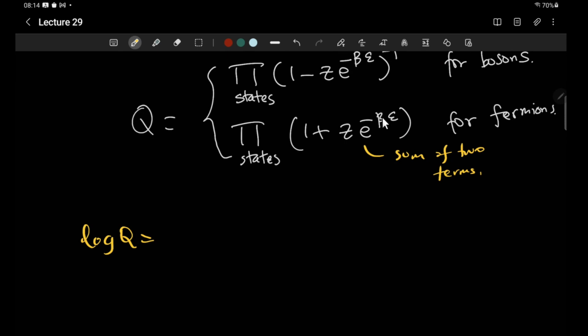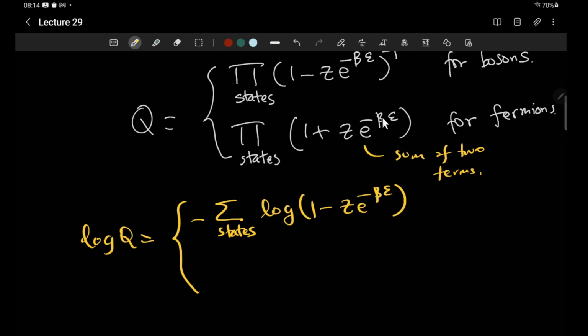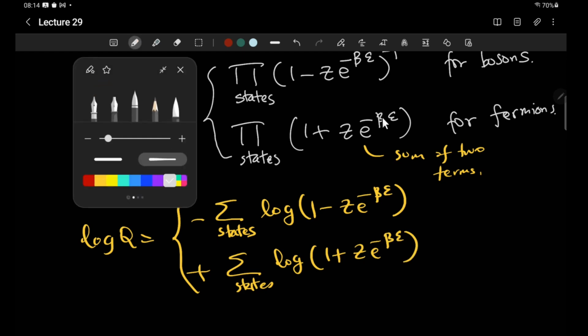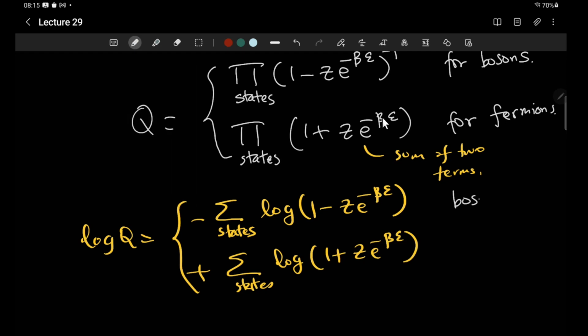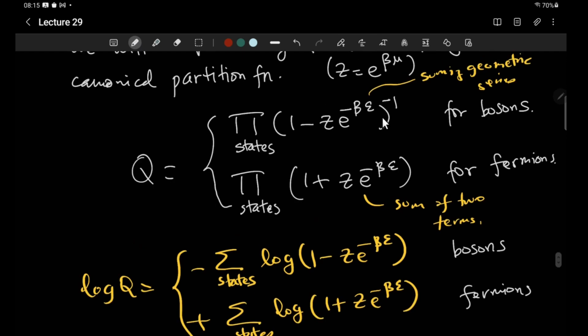Log Q will then be... This minus n comes because there is this power here.